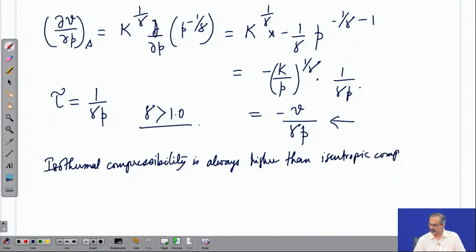That means, if you maintain a gas at constant temperature while you compress it, there will be larger density changes.